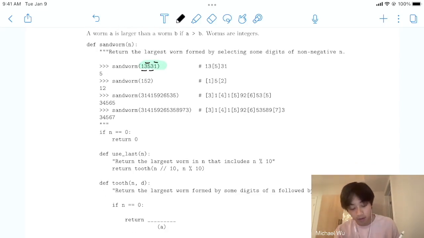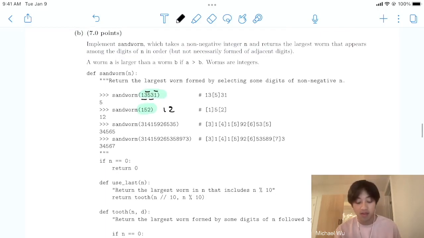On the other hand, with 152, the biggest worm that you can form is 1 and 2. You can't use 5 because it's always going to be more than one distance away from the other two numbers. But the reason why you can use 12 is because the problem specifies that worms are not necessarily formed of adjacent digits, as long as they're in order.